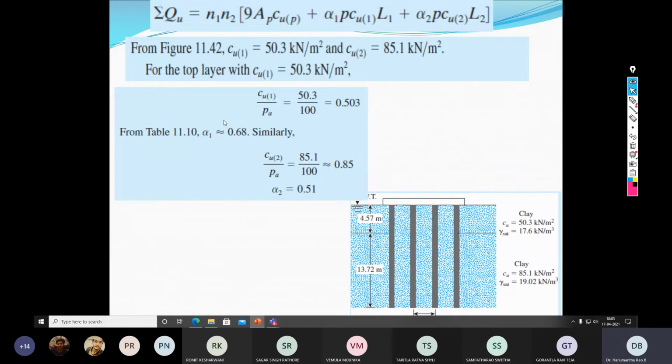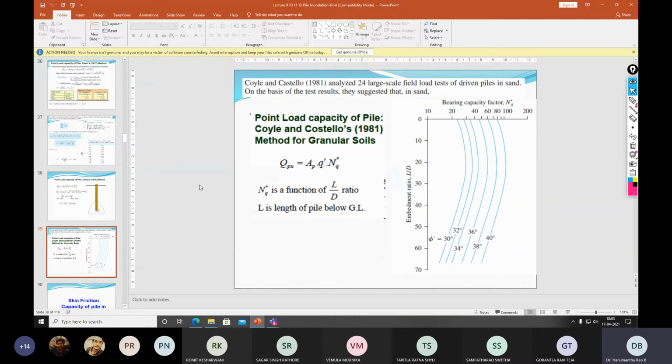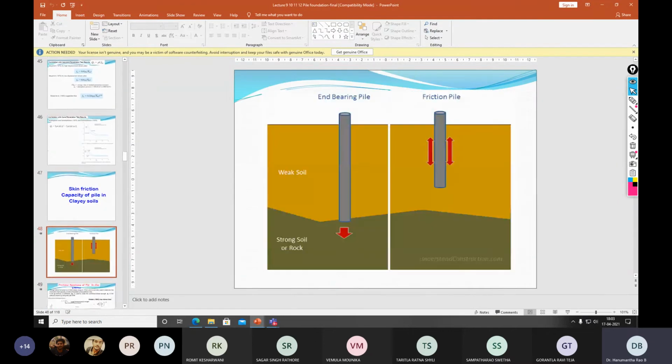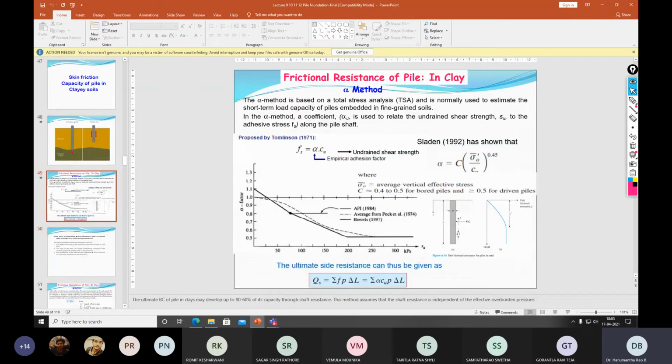Alternatively, if you are asked to calculate the alpha value, then you have to calculate it using the Sladen equation. Let me go to that so that you will not get confused. In the alpha method, the equation for unit skin friction is fs equal to alpha into Cu, and alpha can also be calculated by the empirical equation given by Sladen in 1992, that is C into sigma naught dash by Cu power 0.45.